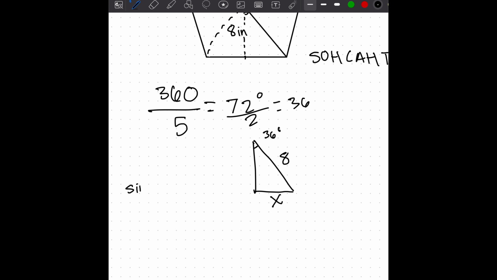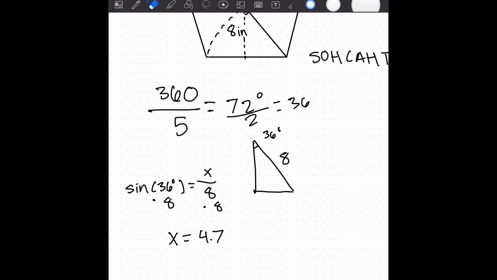So we put in sin 36 degrees is equal to the opposite, which is x, divided by 8. You multiply 8 on both sides so we can isolate the x. And x equals 4.7. So this side right here is equal to 4.7.